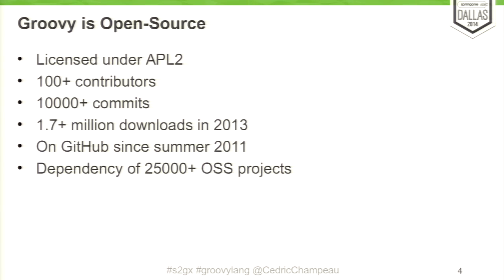Really do not hesitate. We love help from the community. As of now, we have more than 100 contributors. It's pretty impressive for a language, because digging into the language is not the easiest open source project to get into.